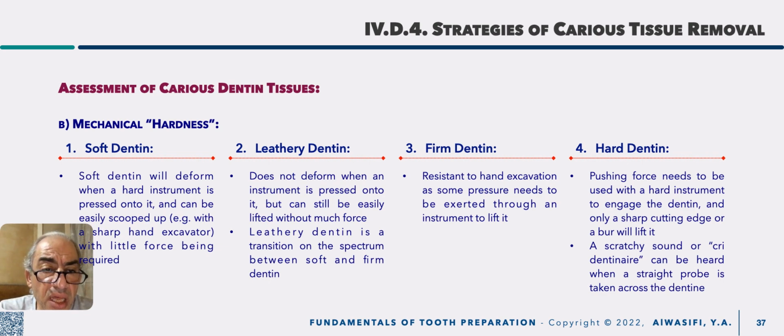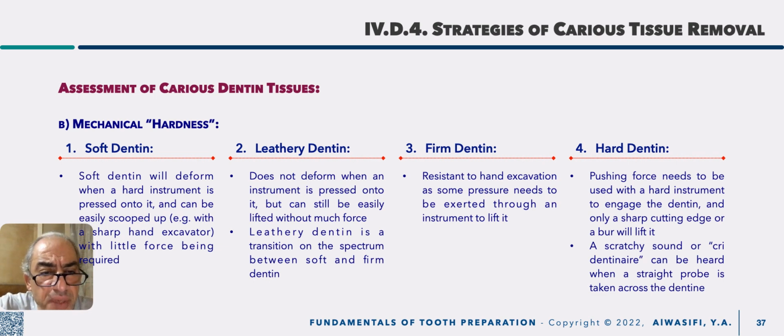Then comes a less demineralized zone, still mineralized, which gives it slight strength. It feels like leather. It's a leathery dentine. It does not deform easily when pressed with an instrument, but still could be easily lifted with much less force than the soft layer.